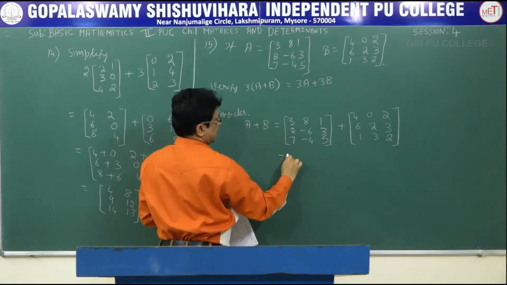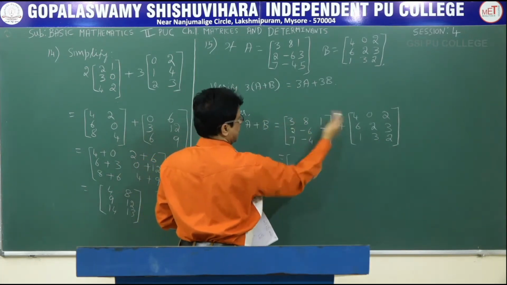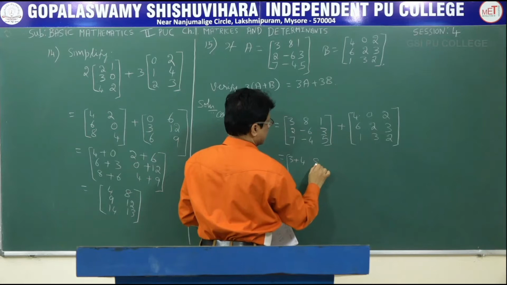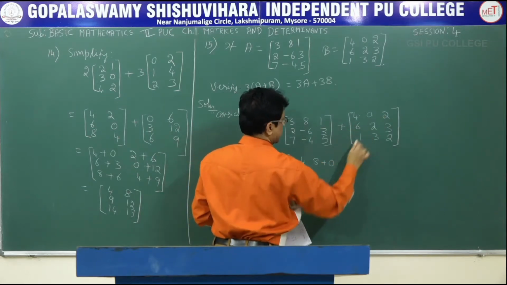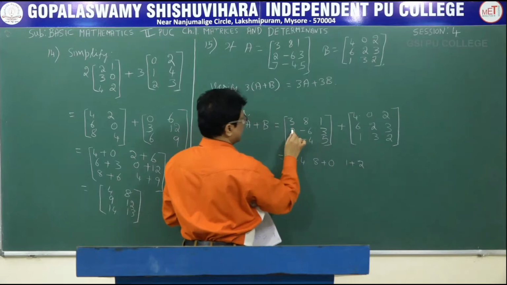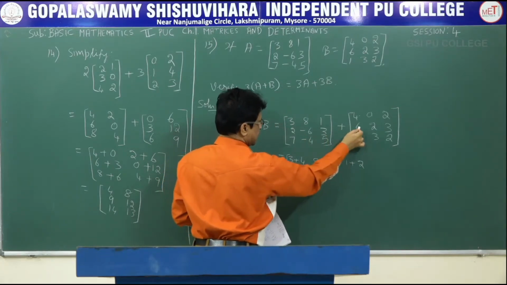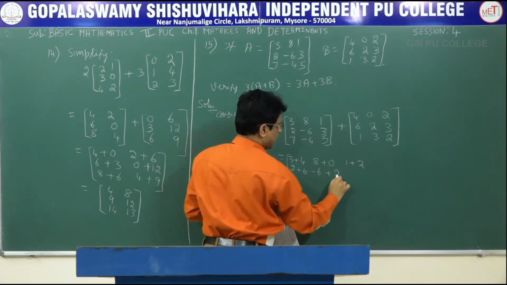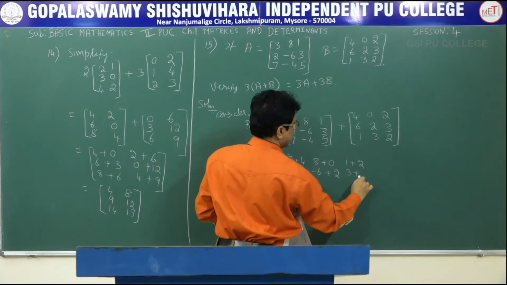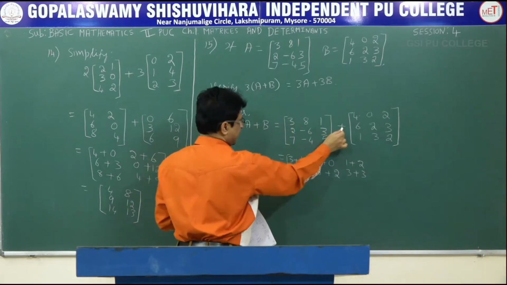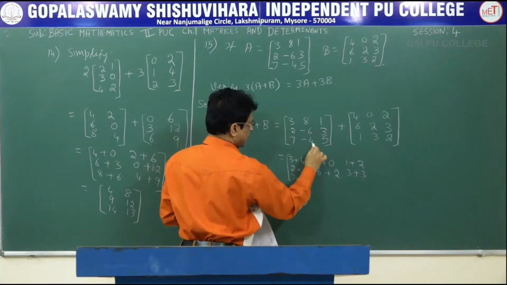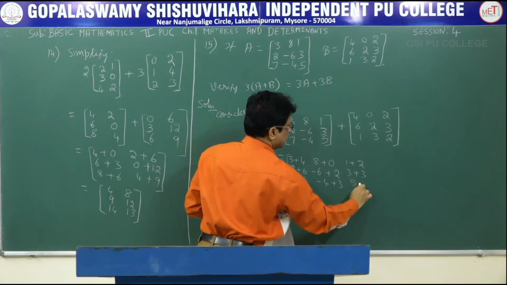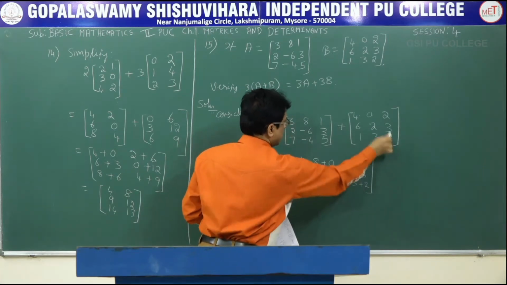So this will be equal to, we add the corresponding elements: 3 plus 4, 8 plus 0, 1 plus 2, 2 plus 6, -6 plus 2, 3 plus 3, 7 plus 1, -4 plus 3, 5 plus 2.